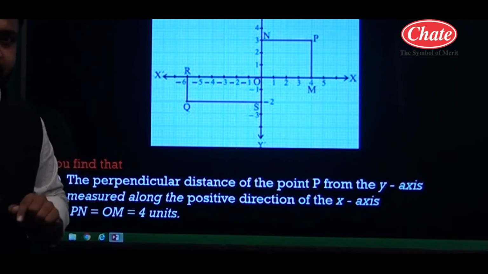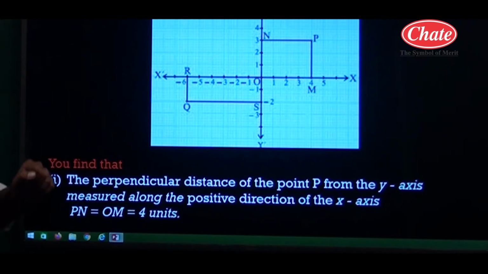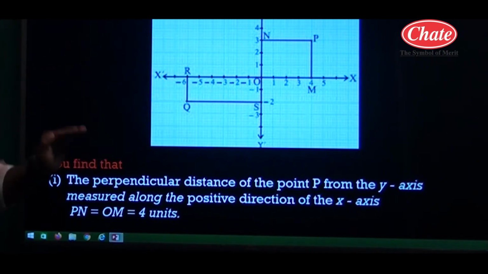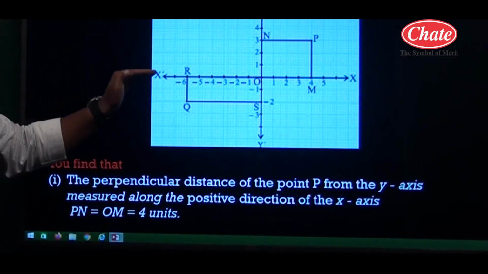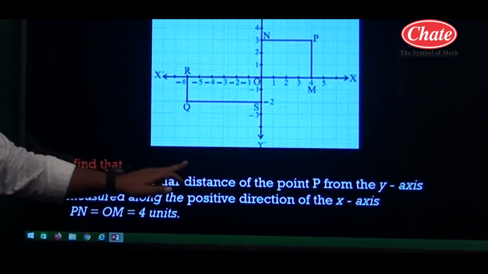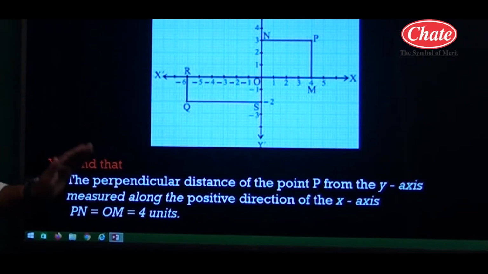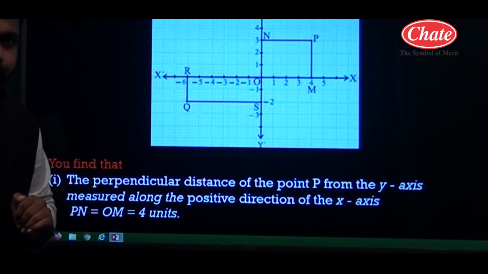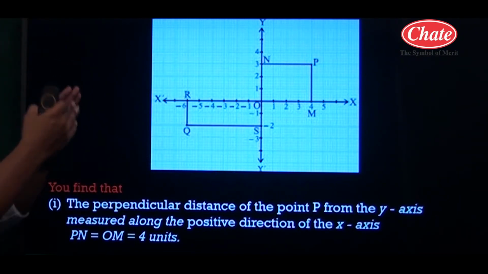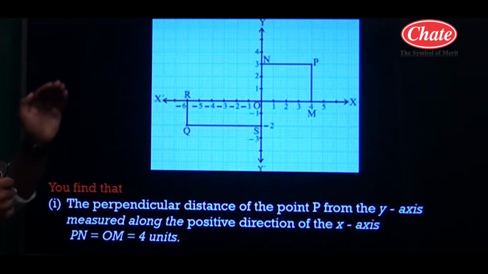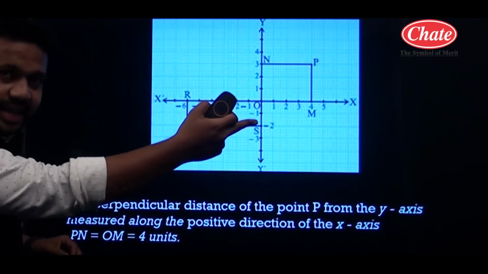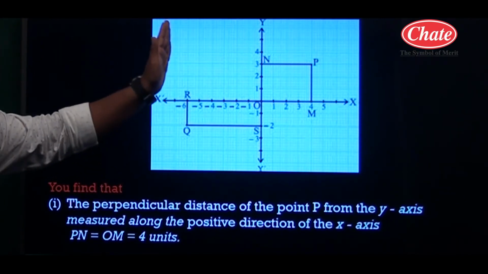Now we will find the distance of point P and point Q from the x-axis and y-axis. To find the distance of point P from the x-axis and y-axis, draw a perpendicular PM on the x-axis and a perpendicular PN on the y-axis.